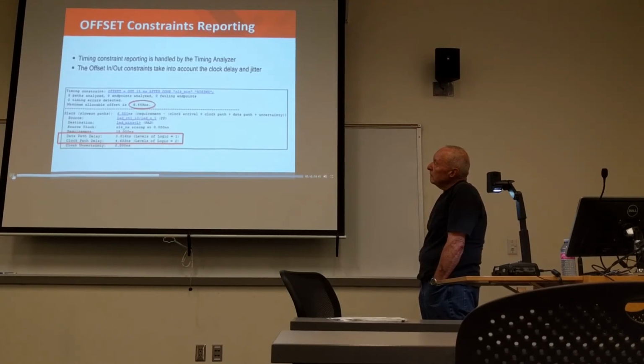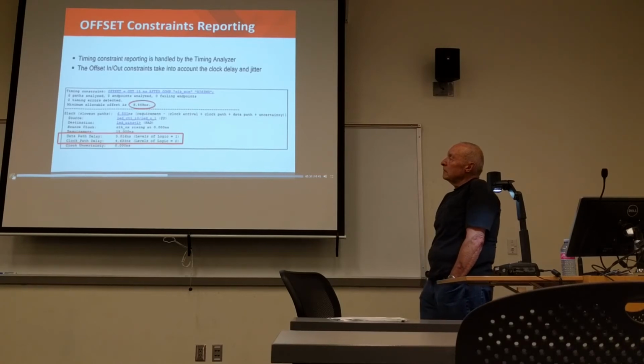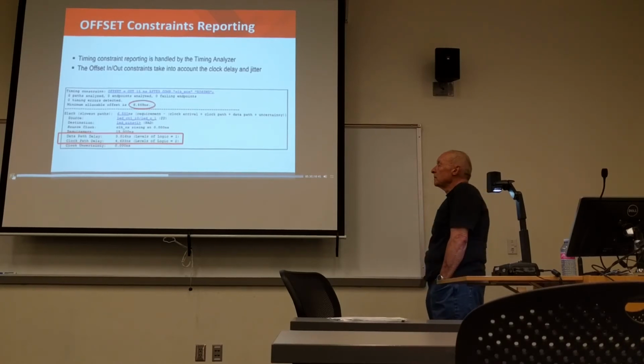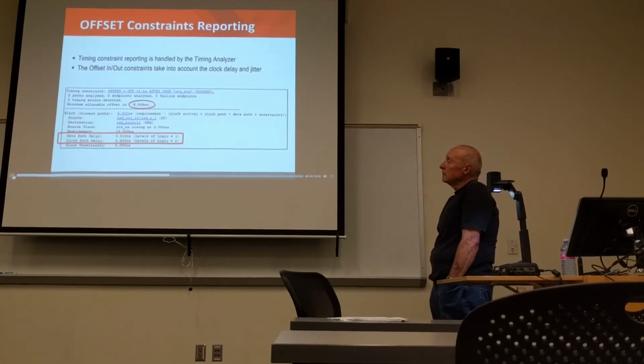The clock path to this register is 4.6 nanoseconds, and the data path was 3.8 nanoseconds, which makes an effective delay of 8.4 nanoseconds, highlighted in the red circle, which is what the tools found for the longest path constrained by the offset out constraint. So this is verification that the implementation tools automatically account for the clock distribution delay for each data path.